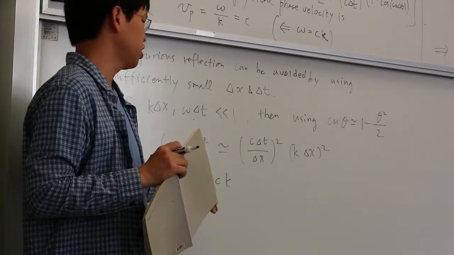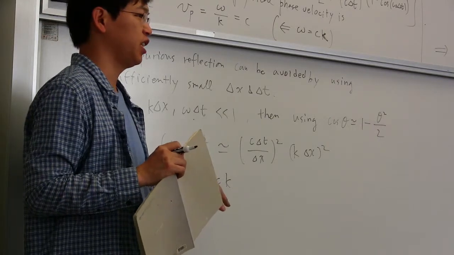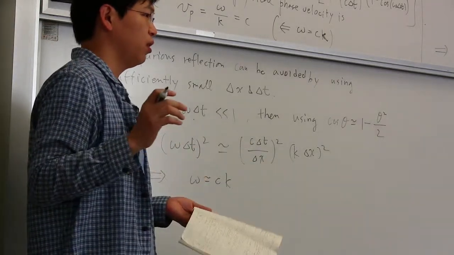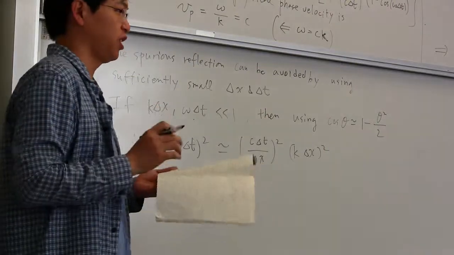For the physical dispersion relationship, you have constant phase velocity c. So your spurious reflection decreases.